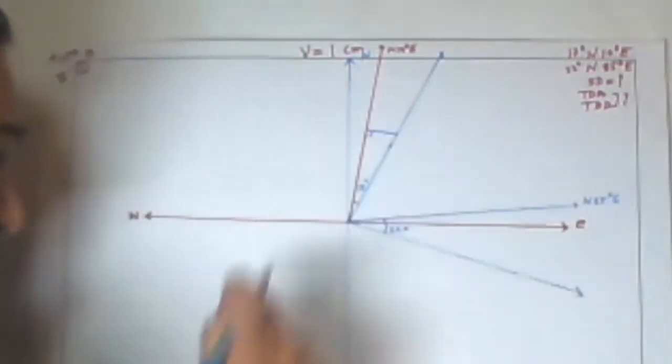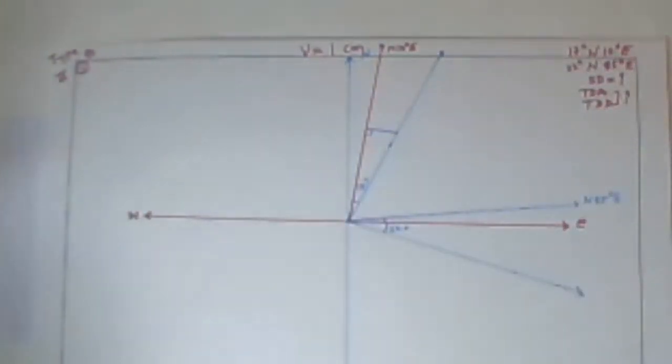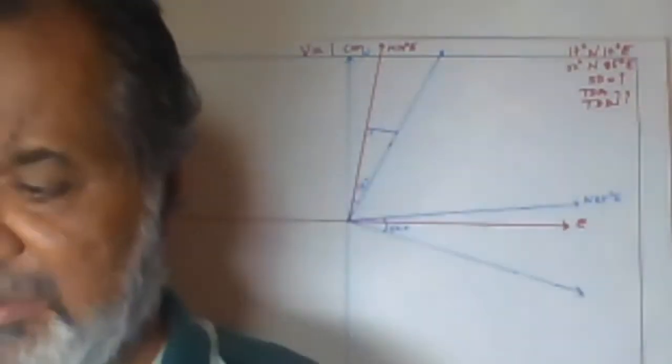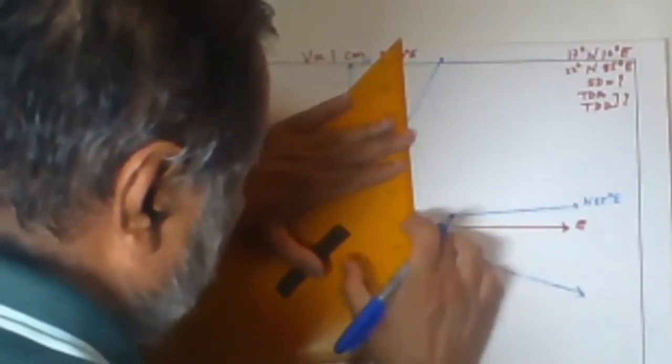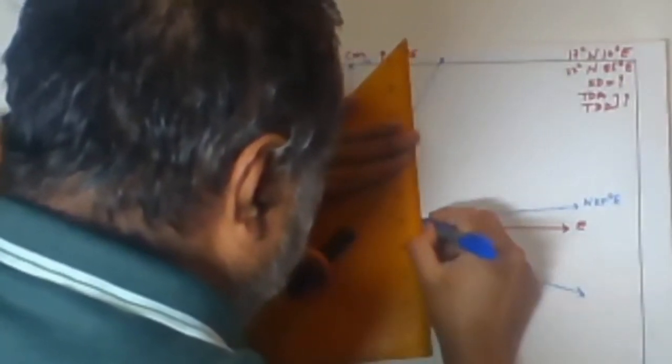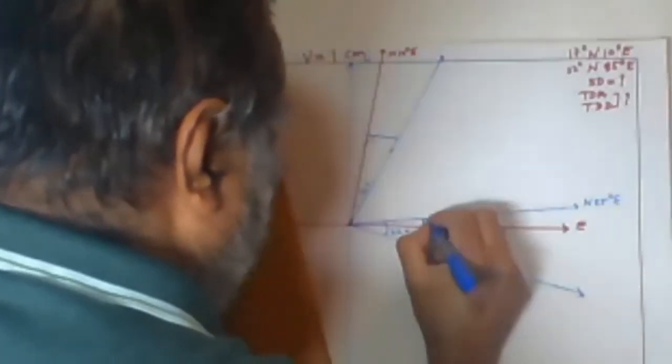Now perpendicular to this, we have to introduce the V as 1 centimeter. Take the V as 1 centimeter. Keep the 5 centimeter scale and slowly shift it until the distance between these two lines is 1 centimeter.